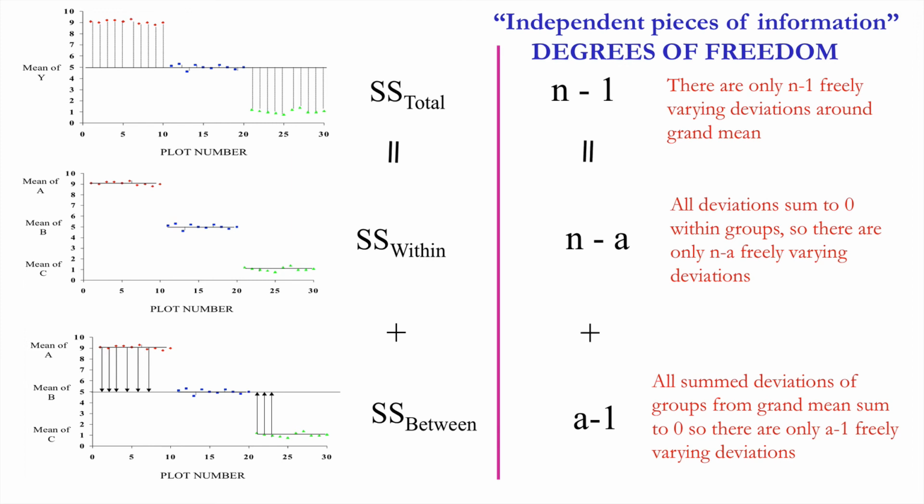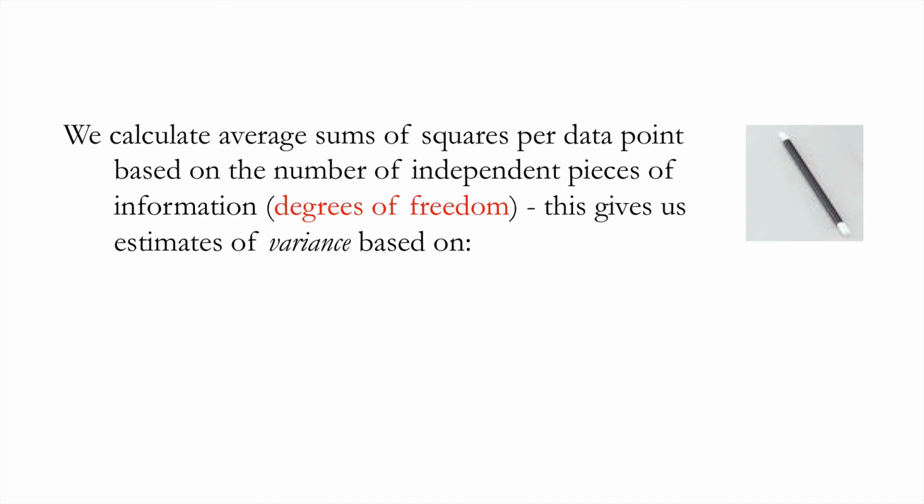It turns out that the amount of information behind each of those sums of squares, or sometimes thought of as a denominator in an estimate of the variance, are also neatly additive. Here's where the magic comes in.